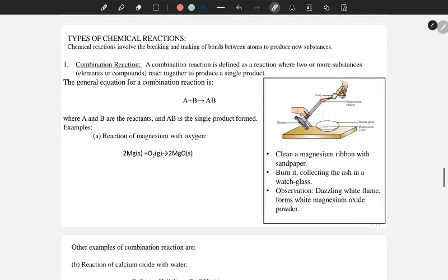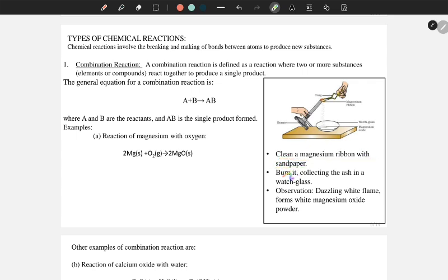Okay, now let's see the activity part as it is mentioned in the book. So we have to take a burner, okay. Then we have to take a tongs and a watch glass, okay, and we have to take a magnesium ribbon, okay. So first we have to clean the magnesium ribbon with sandpaper.